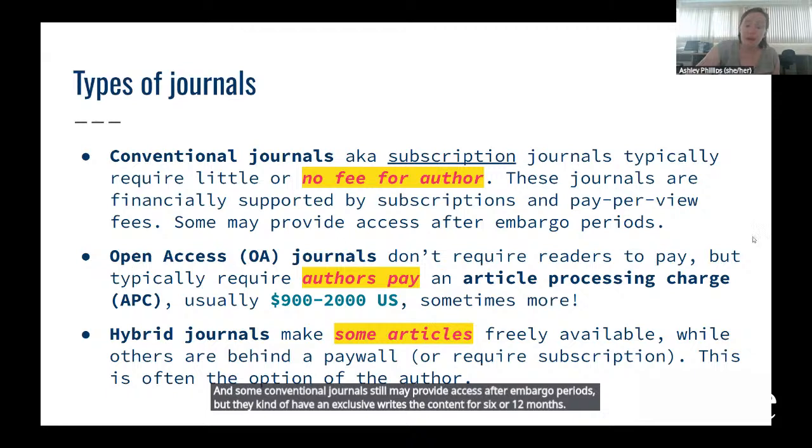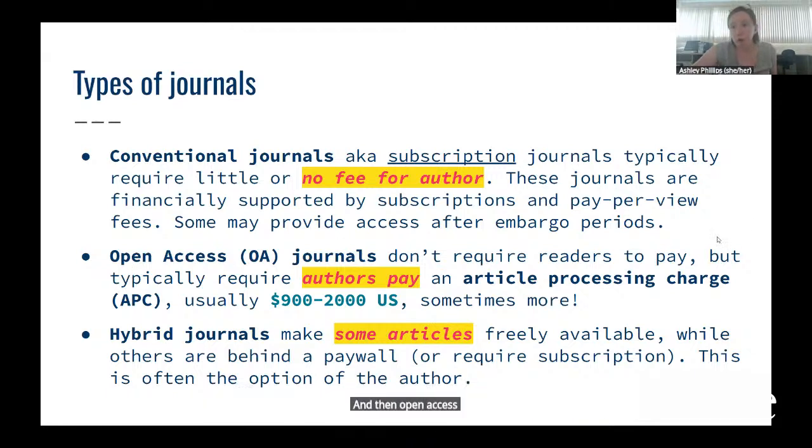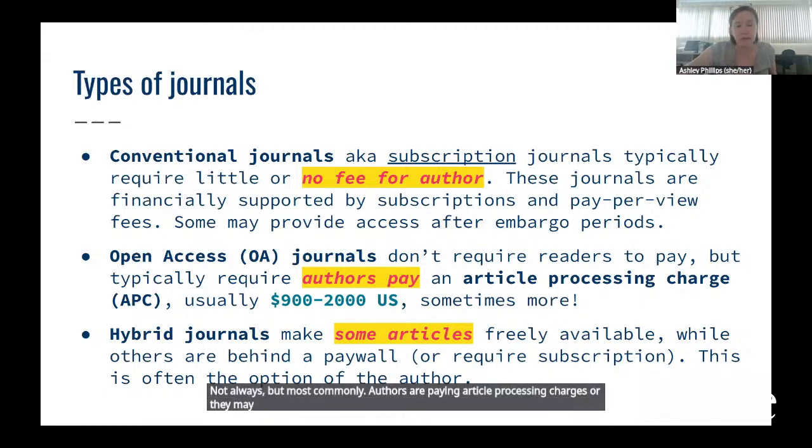And then open access journals don't require readers to pay at all. They may sell ads, but they typically require authors to pay. Not always, but most commonly, authors are paying article processing charges, or they may have waivers or other agreements.